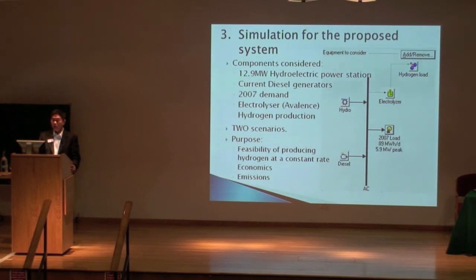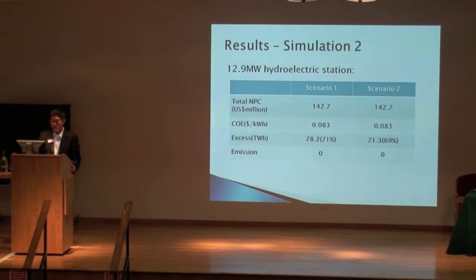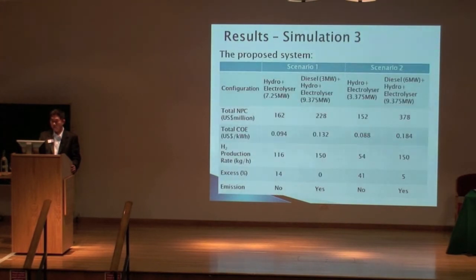The purpose of this simulation is to see whether it is feasible to produce the hydrogen at a constant rate. I also would like to see the economics of this process and also the emissions involved. So this is the result.